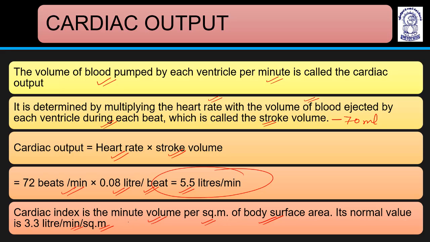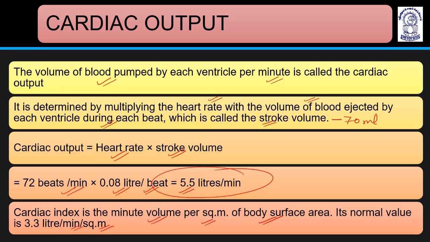The volume of blood pumped by each ventricle per minute is called cardiac output. It is determined by multiplying the heart rate with the volume of the blood ejected by each ventricle during each beat, which is called stroke volume, that is 70 ml. Cardiac output is equal to heart rate into stroke volume. Stroke volume is 70 ml, or 0.07 liter per beat, into 72 beats per minute, that comes to 5.5 liters per minute.